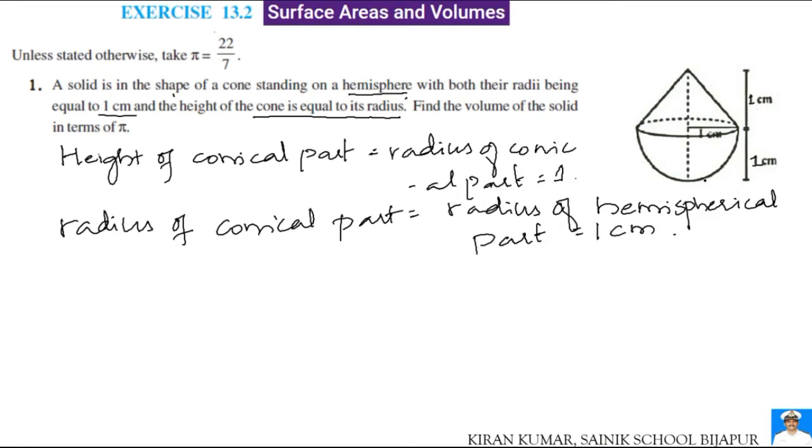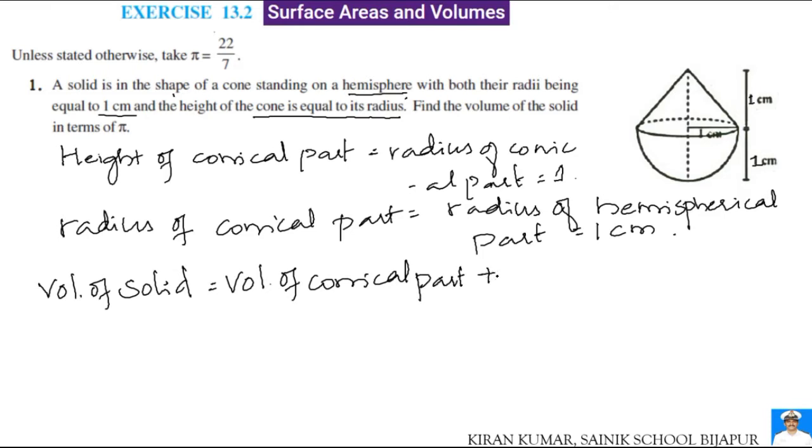Therefore, to look at this complete figure, it's a solid combination of a conical part and a hemispherical part. So the volume of solid will be equal to volume of conical part plus volume of hemispherical part.